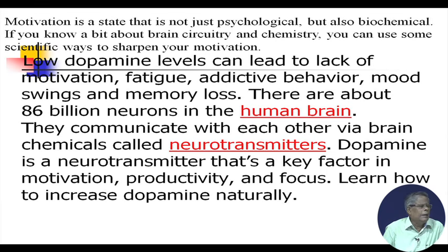There are about 86 billion neurons in the human brain. They communicate with each other through brain chemicals called neurotransmitters. Dopamine is a neurotransmitter that is the key factor in motivation, productivity, and focus. Then learn how to increase your dopamine naturally.